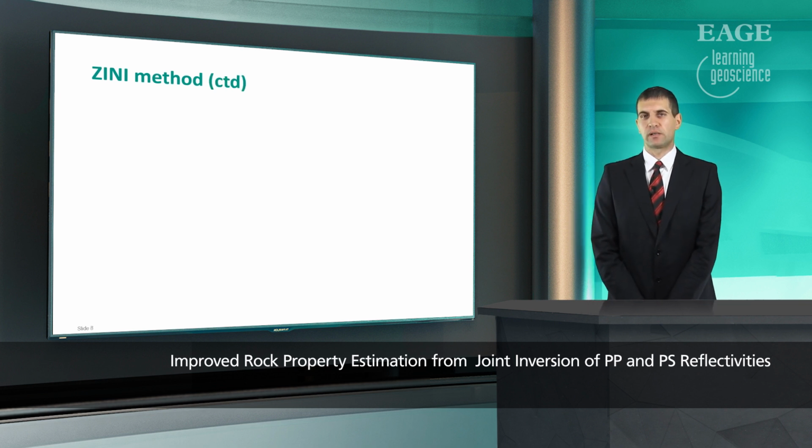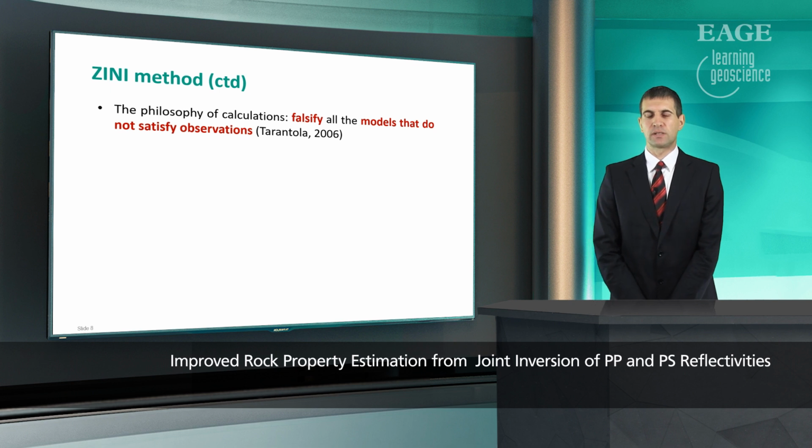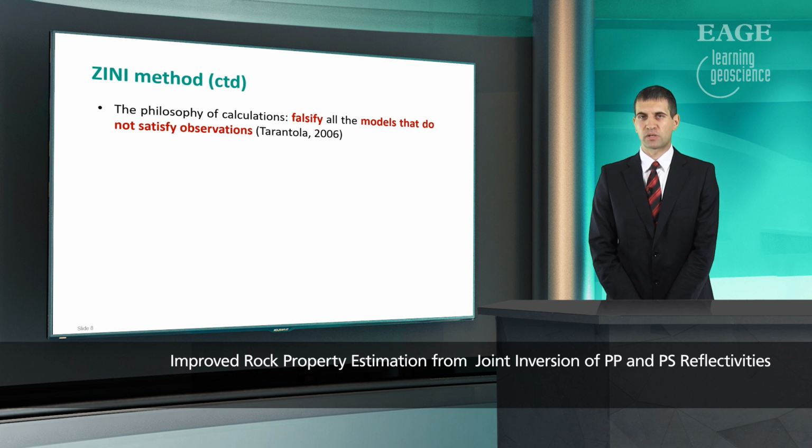How exactly are the calculations performed, and what is the criterion for selecting the models that best satisfy each of the two Zoeppritz equations? The philosophy of the calculations is that introduced by Popper in 1959 and fully embraced by excellent geophysicist Albert Tarantola, which states that those models that do not satisfy observations should be falsified, in other words, excluded from the set of possible solutions.